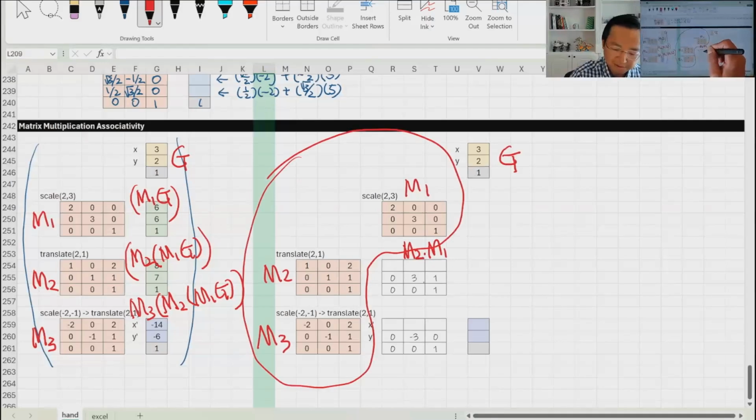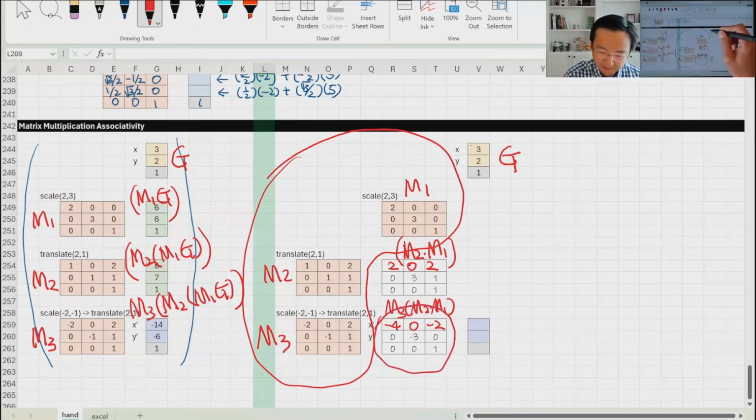Whenever we calculate a couple of values, this is actually 2, 0 to calculate this. And then once I calculate this and multiply it with M3, I have M3 times M2 times M1. So I have 2 rows calculated. Let's say this is minus 2, this is 0, this is minus 2. And then if we multiply this thing and this thing together, did you see what's skipped in between? You get the same thing.